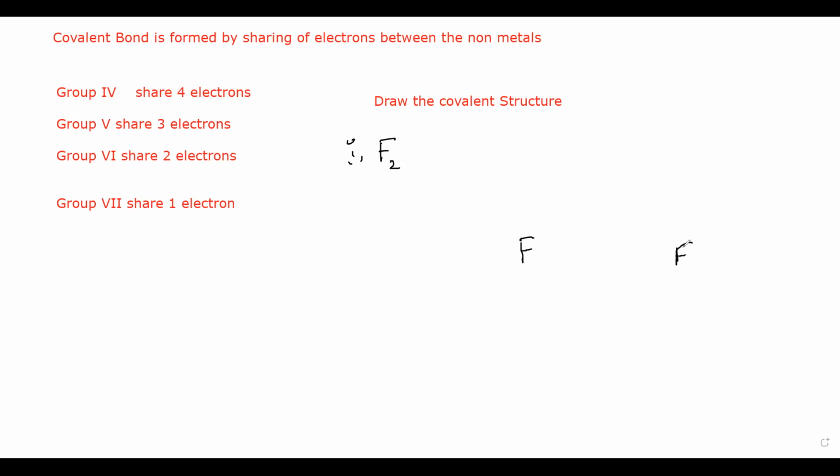Is it clear? The first thing, because we have to draw the structure, F2 means 2 fluorine atoms. Now you have to check the group which fluorine belongs to. For that purpose you have to check the periodic table.